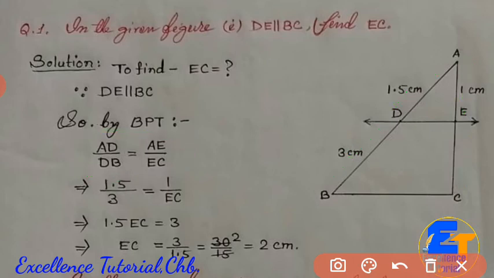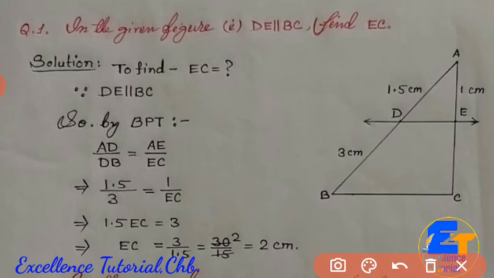Now put the numerical values. AD, you can see it is already mentioned in the figure. AD is 1.5 and DB is 3, AE is 1, and we need to find EC. So I did the same.